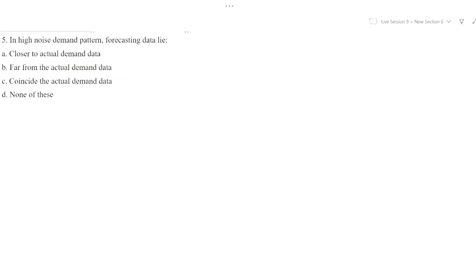So next question. In a high noise demand pattern, forecasting data lies well. This is a case where there is irregularity.